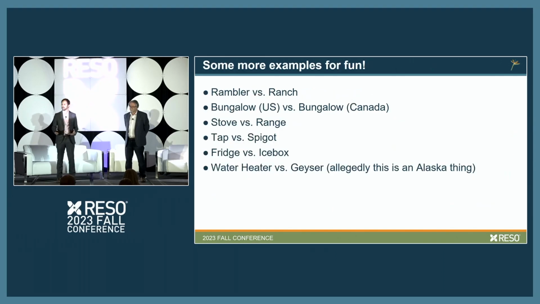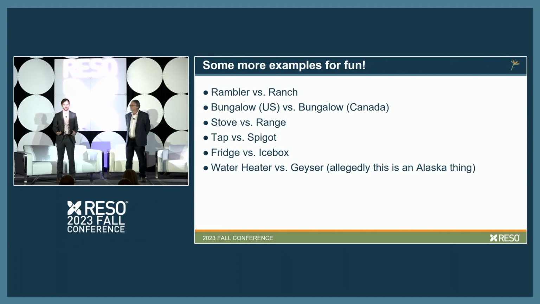While we're on this topic, a few other examples that are fun. I'm still trying to figure out the difference between a rambler and a ranch. I'm sure some people think there is one, but it's difficult. Another one we touched on yesterday is a bungalow in the US, which has a specific meaning, and a bungalow in Canada, which is actually a ranch.